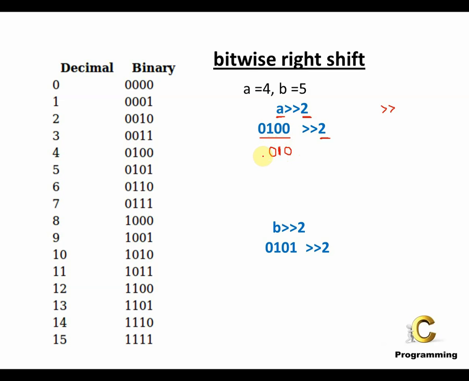Now this place you see is empty, this will be a 0 insertion place. So whichever place is an empty spot, you append a 0 in that particular slot. It might be on the left hand side or it might be on the right hand side. So this is how a bitwise right shift happens.